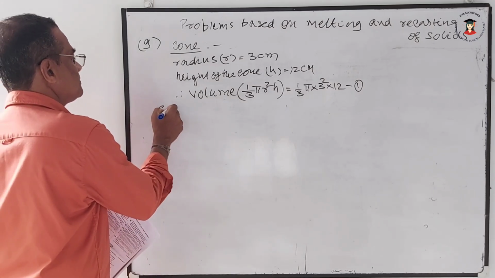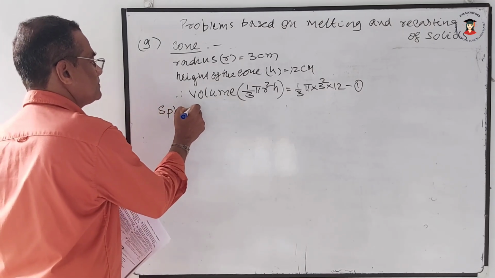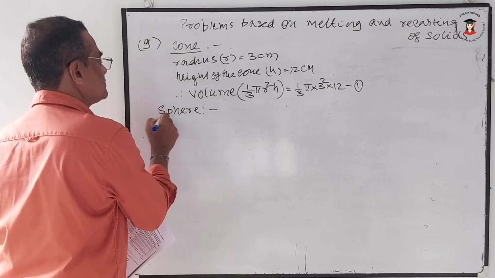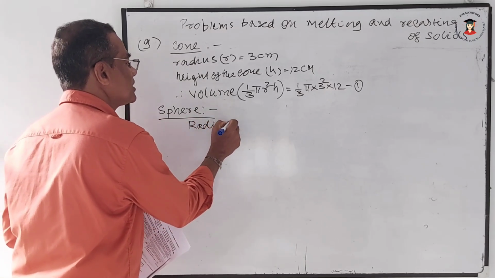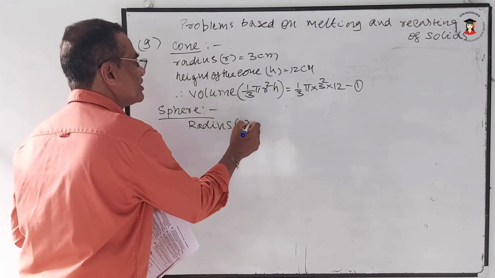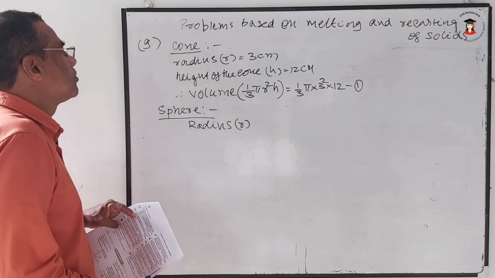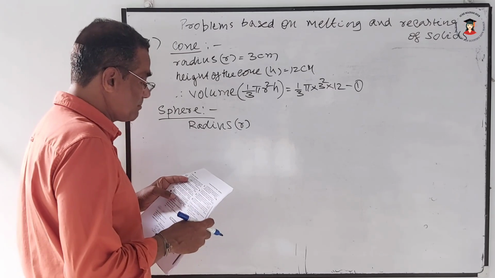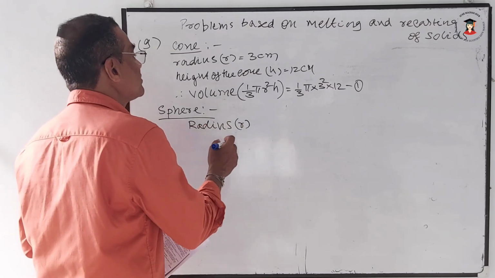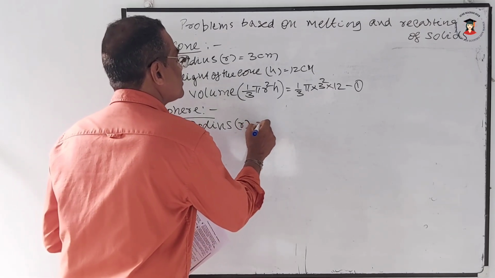Then sphere. Radius is, it is mentioned in the first sentence that the cone and sphere have the same radius. So radius of sphere is again equal to 3 cm.